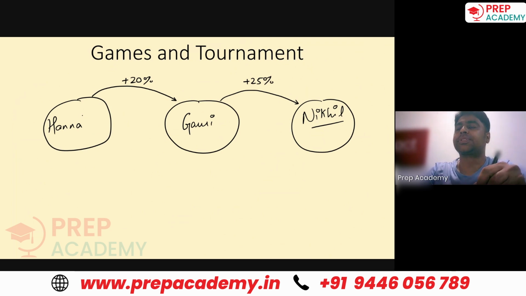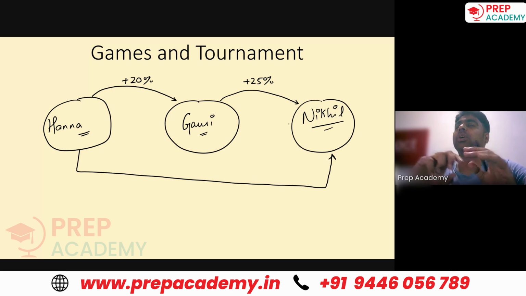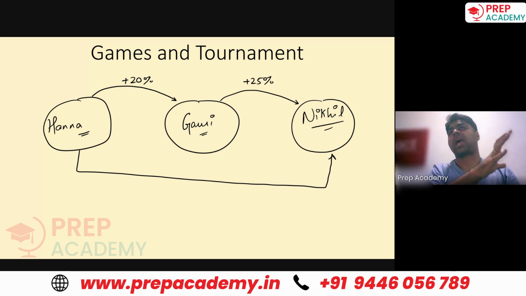So the item moves from the hand of Henna to the hand of Gauri and finally to Nikhil, right? So that item which has traveled two times, such a concept is called successive percentage.